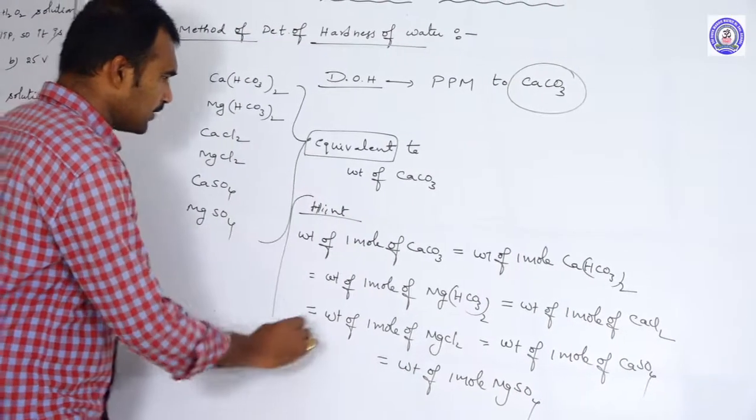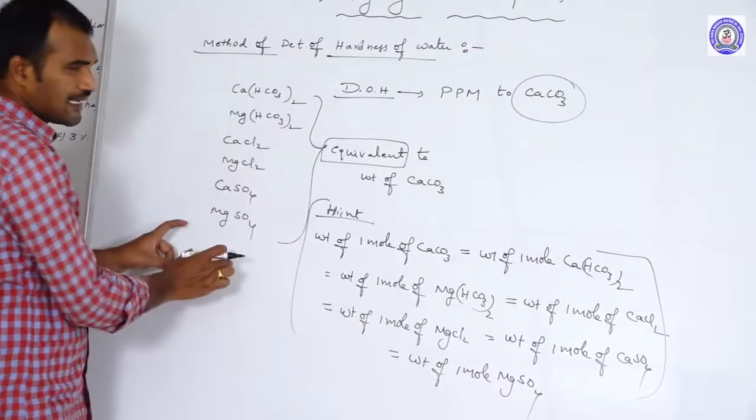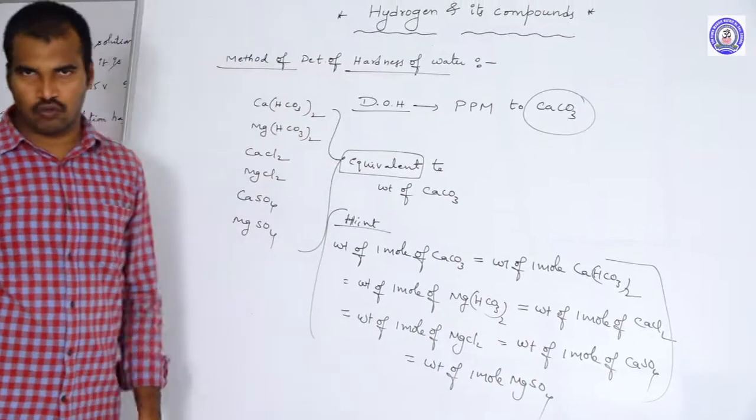So by using this hint you convert all the weights of the salts into weights of CaCO3.